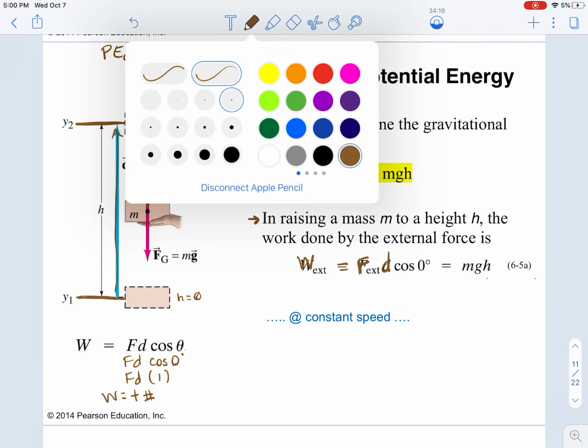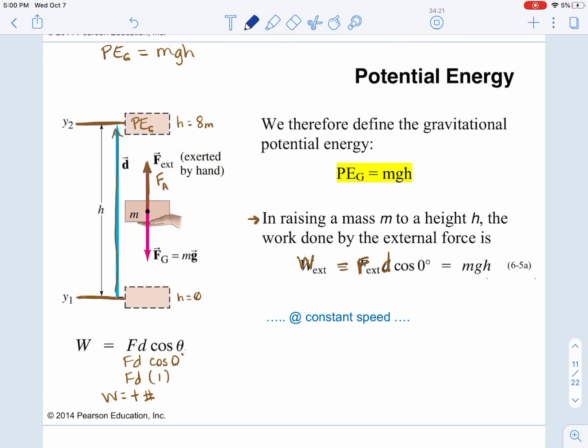So let's talk about when that scenario is true. Anytime we have an object moving in the vertical direction at a constant speed, we're supposed to know a constant speed or velocity means acceleration is 0.